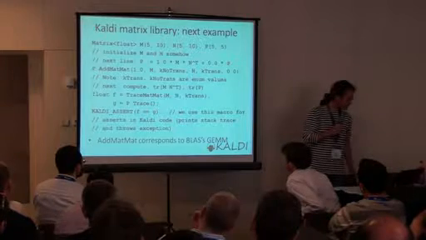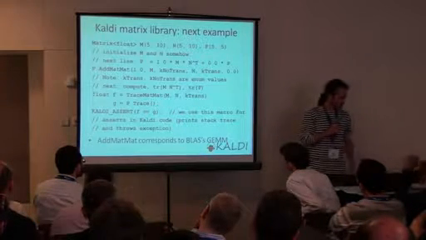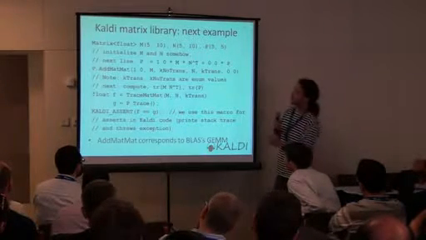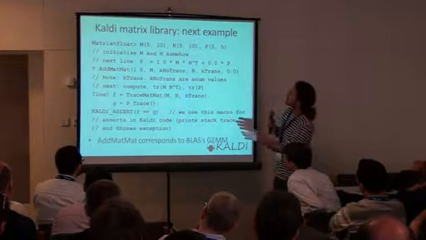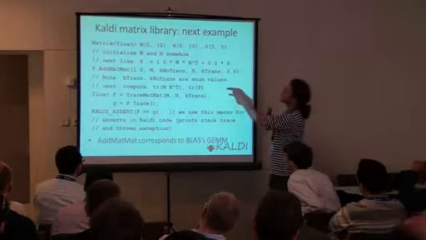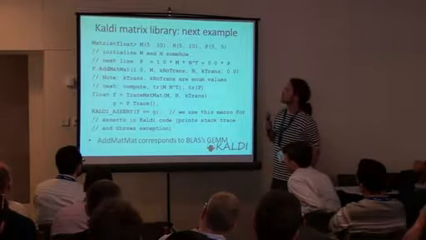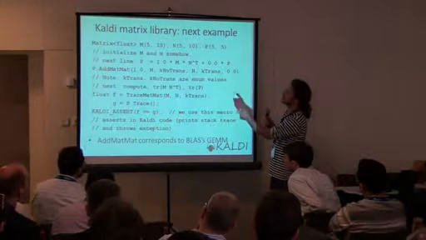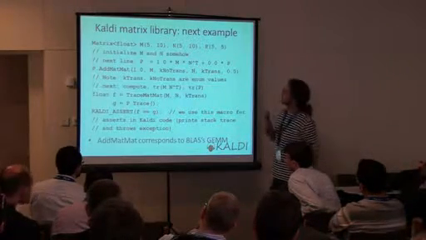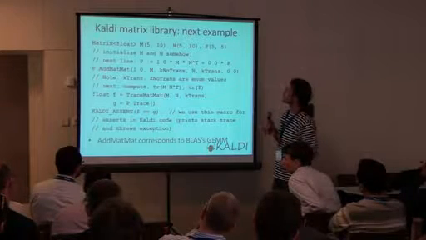This is the next example, just to show you the format of the function. Usually the functions take trans and no trans parameters, so that you know if you want to transpose the matrix that you put in as a parameter or not.